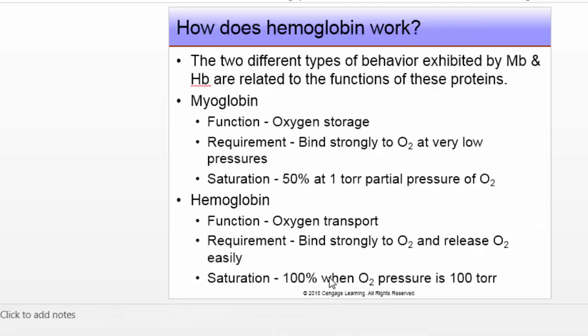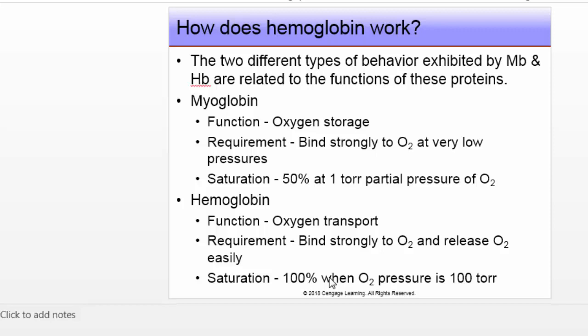How does hemoglobin work? The two different types of behavior exhibited by myoglobin and hemoglobin are related to the functions of these proteins. Myoglobin's function is oxygen storage, and it binds strongly to oxygen at very low pressure. Saturation is 50% at 1/3 partial pressure of oxygen.